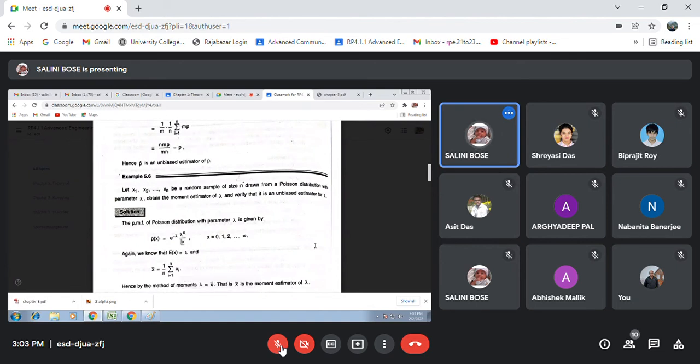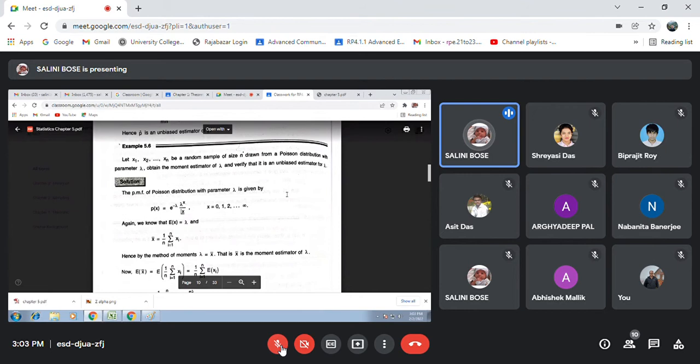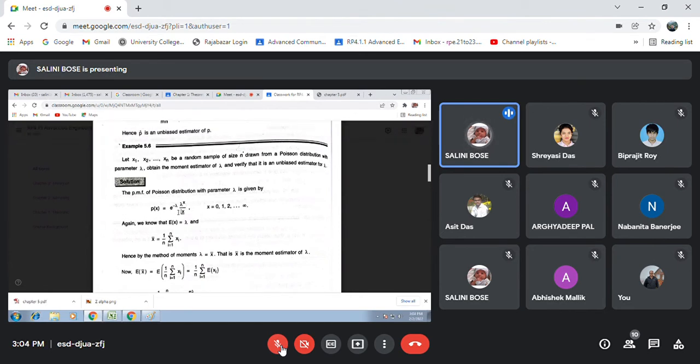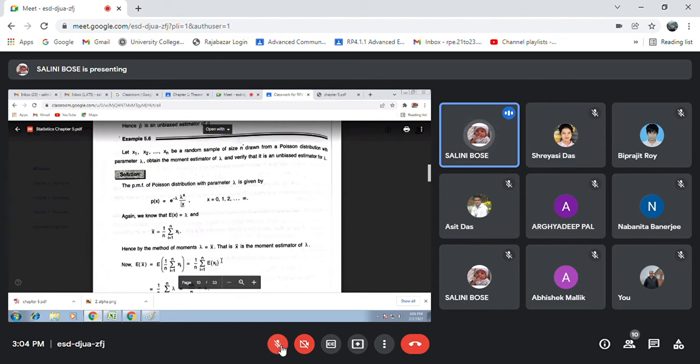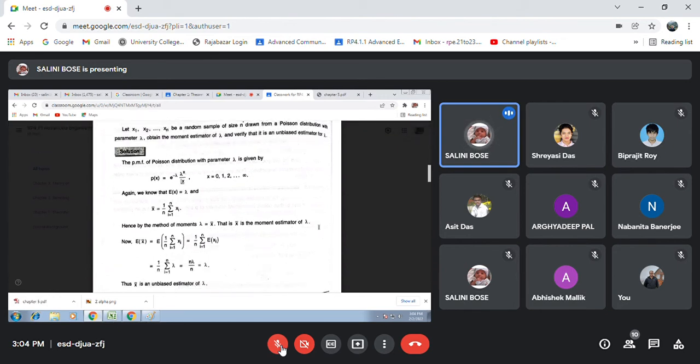So now we will do the same thing for the Poisson distribution. You know the PMF of the Poisson distribution is e to the power minus lambda, lambda to the power x by x factorial, and you know E of x is lambda. These are already done in the first chapter. So E of x equal to lambda, and you know the sample mean is X bar. Just equate those: lambda is equal to X bar.